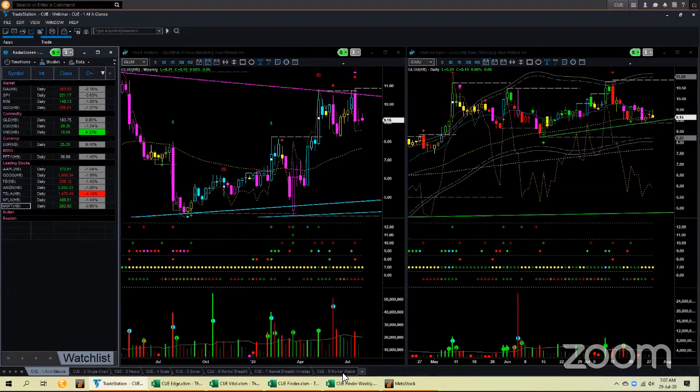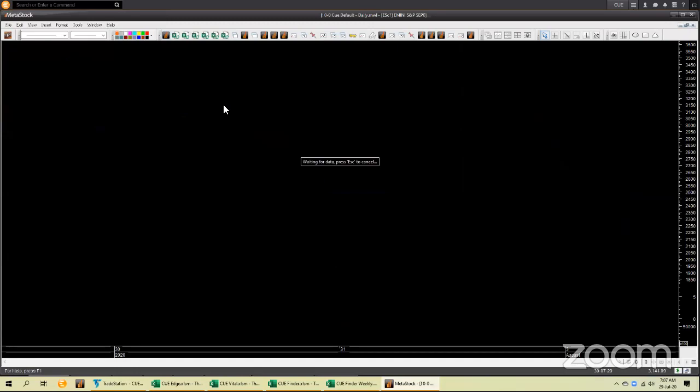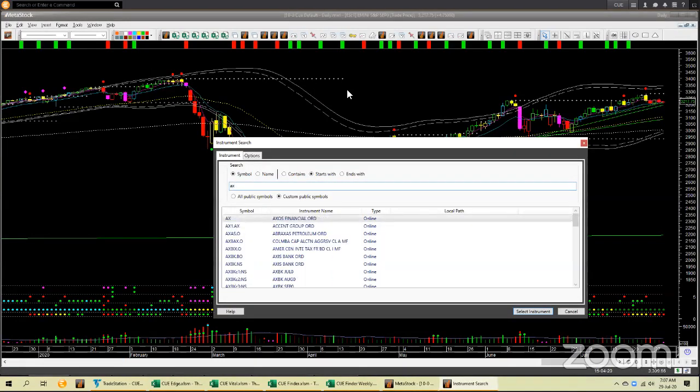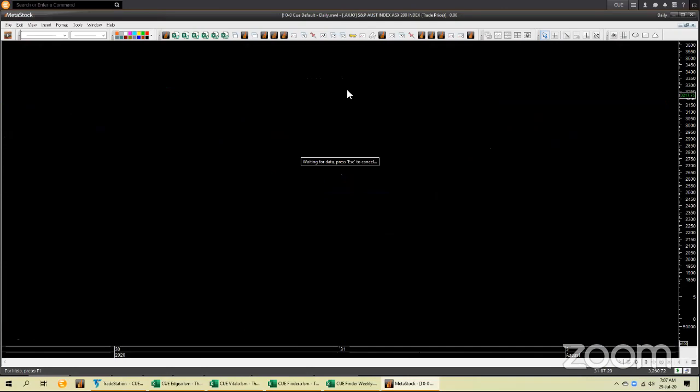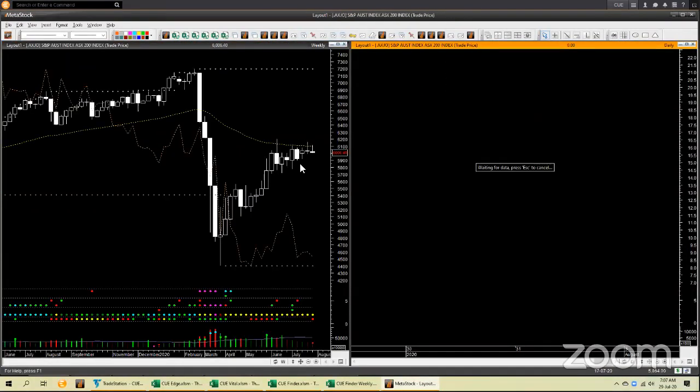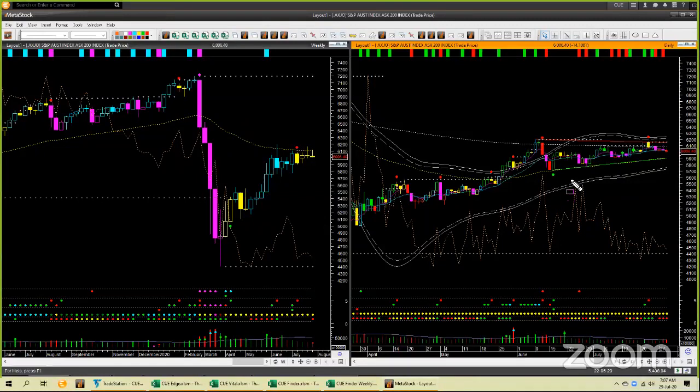Okay, now let's look at the market. We look at the global market quickly. Let's start with AXJO, the Australian market, and look at it using the weekly daily chart template. I'm using Q Global running on Metastock. For a while now, I have mentioned that AXJO is moving inside a range in the daily chart.